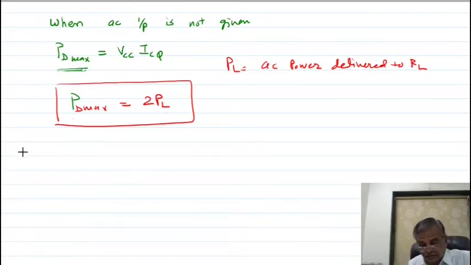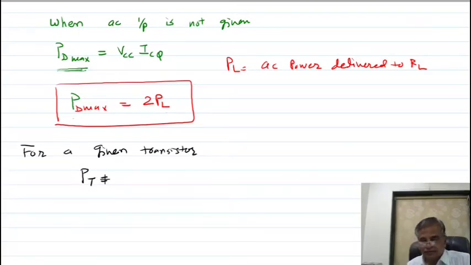Now, for a given transistor, the manufacturer gives this value of PT. PD is in your hand. You can change PD.